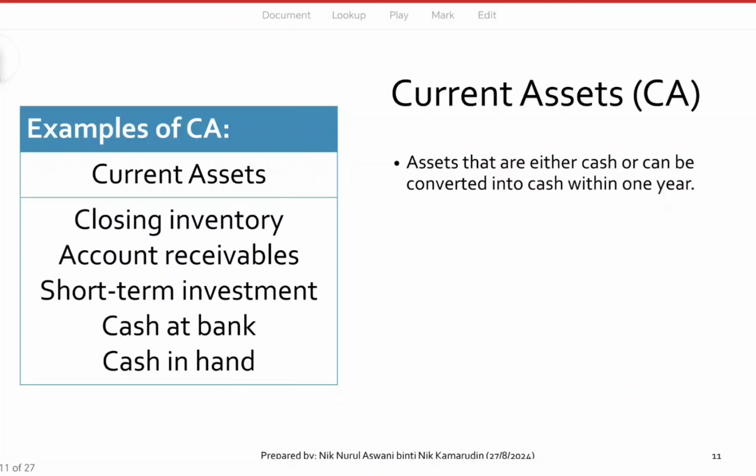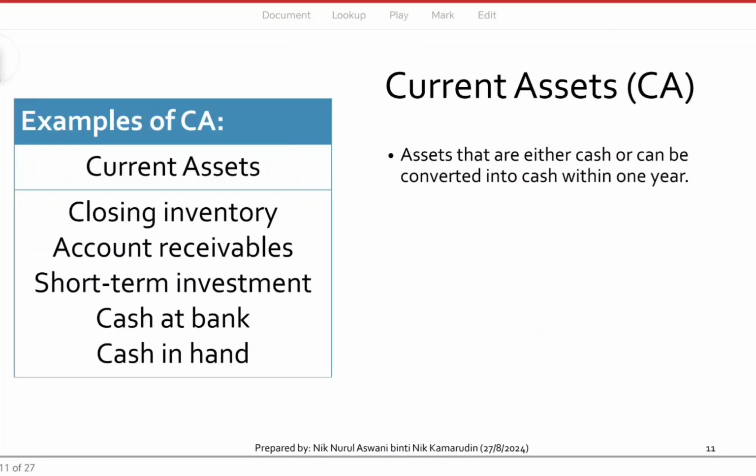And then account receivable, depending on credit term, will make a payment accordingly after that, meaning that there will be the time when the account receivable, the debtors, are going to make the payment, meaning that we are going to convert this account receivable into cash.